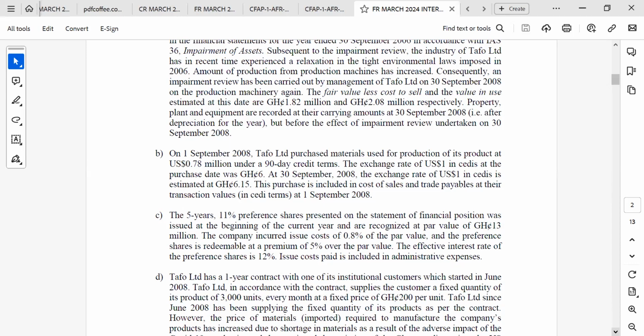So they are saying that the company incurred issue cost of what? 0.8% on the par value. What is the par value? 13 million. Okay, so what will be the issue cost of that? Are you sure it's 1040?